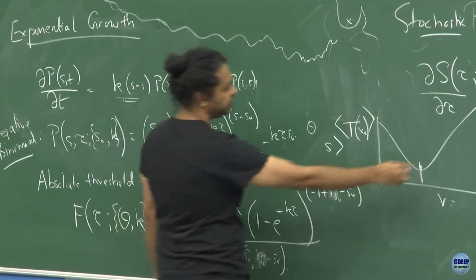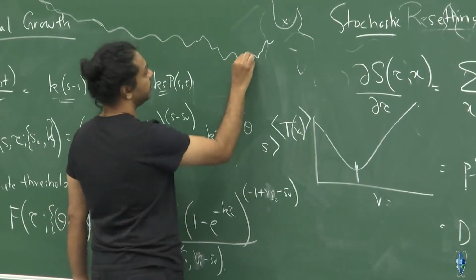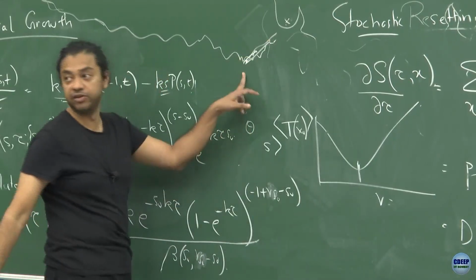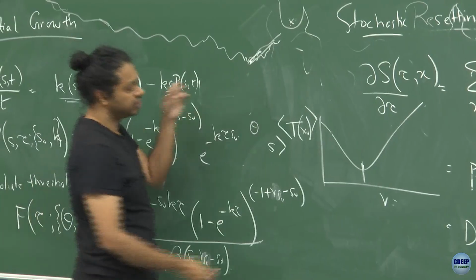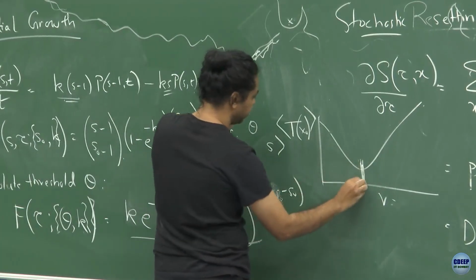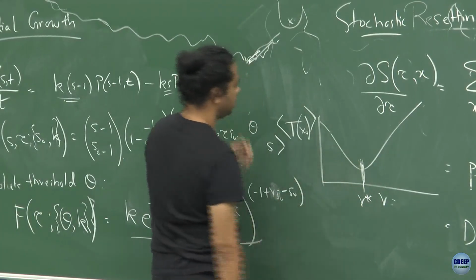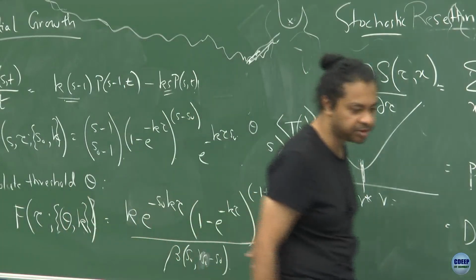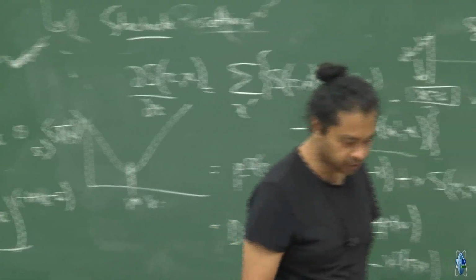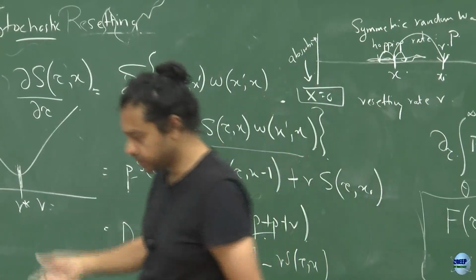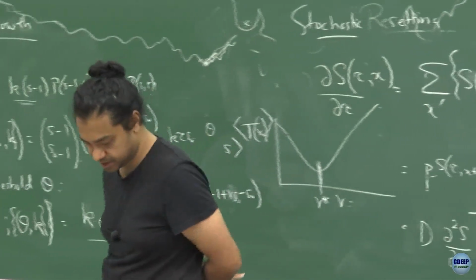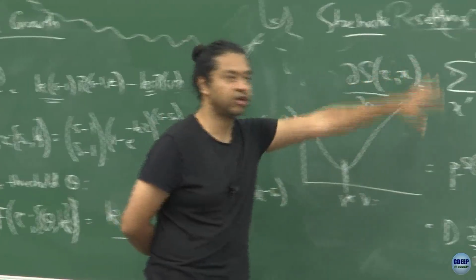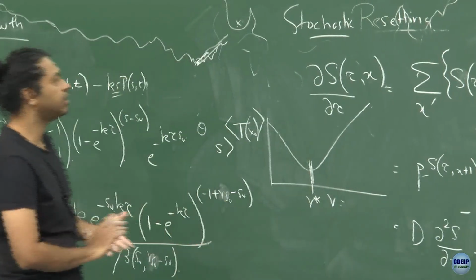On the other hand, if your resetting rate is very large, then even before you reach the target, even if you were going in the right direction, you will get reset to the origin. Therefore, there is some optimum resetting rate r star, where you will get a minimum in your search time. So there is some optimal strategy for how often one should reset in order to find your targets fastest. And you can find out what this r star is if you solve this equation analytically.